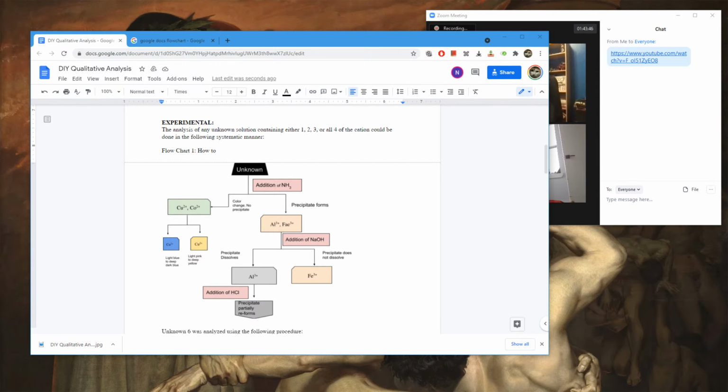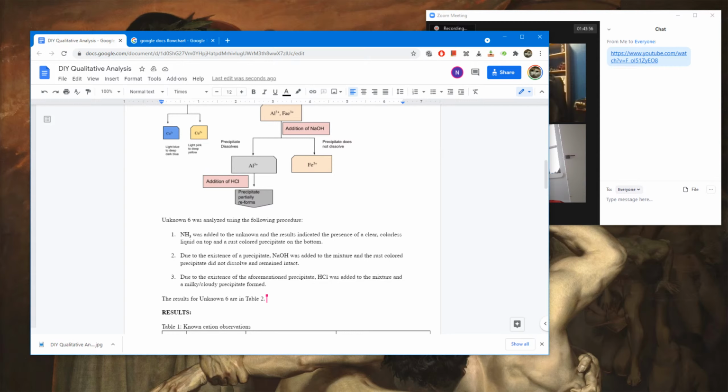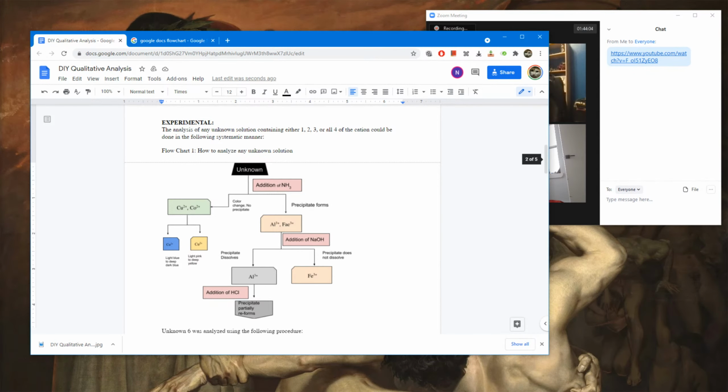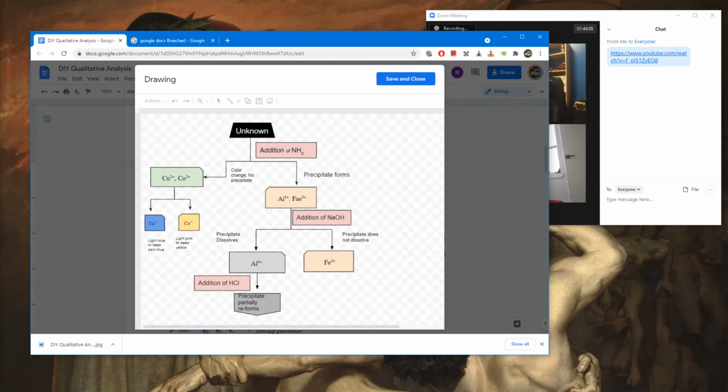So, how to analyze any unknown solution.